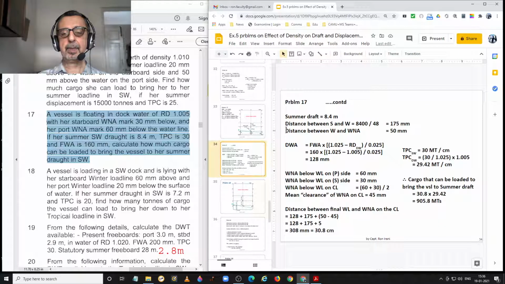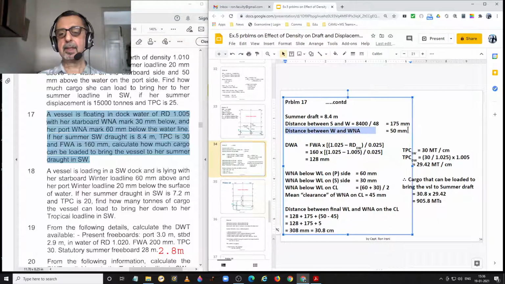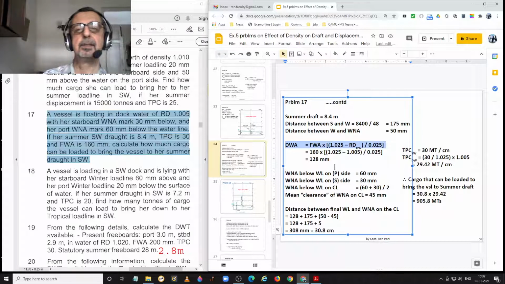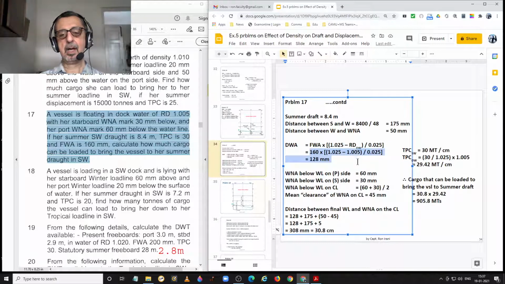Distance between the winter and winter North Atlantic load lines we know is equal to 50 millimeters. Dock water allowance is given by the formula freshwater allowance into the difference of two relative densities divided by 0.025. When we put in the numbers, it is equal to 128 millimeters.